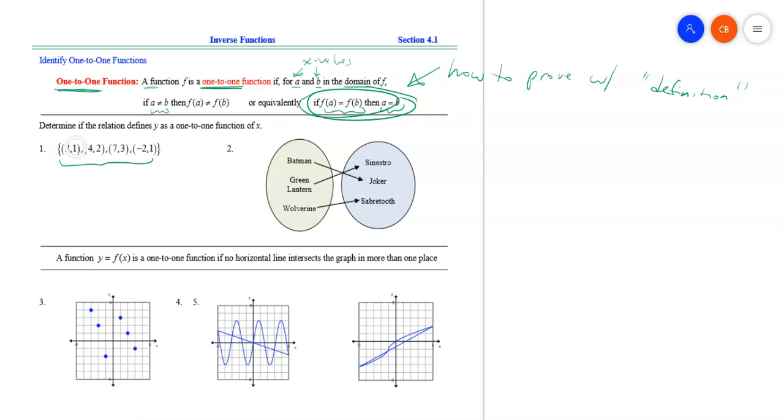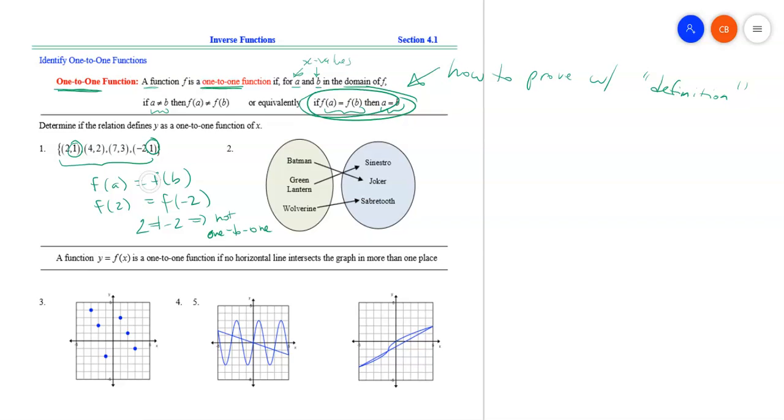We look at the y values and see if the y values ever get repeated. And you'll see that here the y value of 1 gets repeated. When we think about the fact that f of a equals f of b, in this case f of 2 is equal to f of negative 2. But we don't have the case that the a and b values are the same. 2 is not equal to negative 2, so it's not one-to-one.